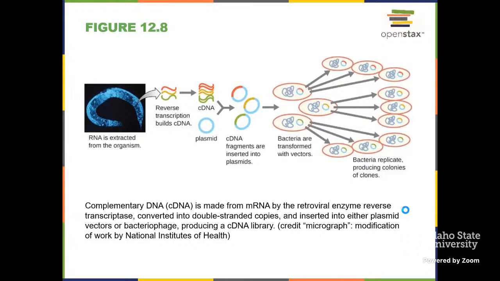So we get the messenger RNA that's been processed. We've got rid of all of the introns, and we expose that to the enzyme reverse transcriptase that reads the single-strand piece of messenger RNA and builds double-stranded DNA. And we call that cDNA, complementary DNA, right?